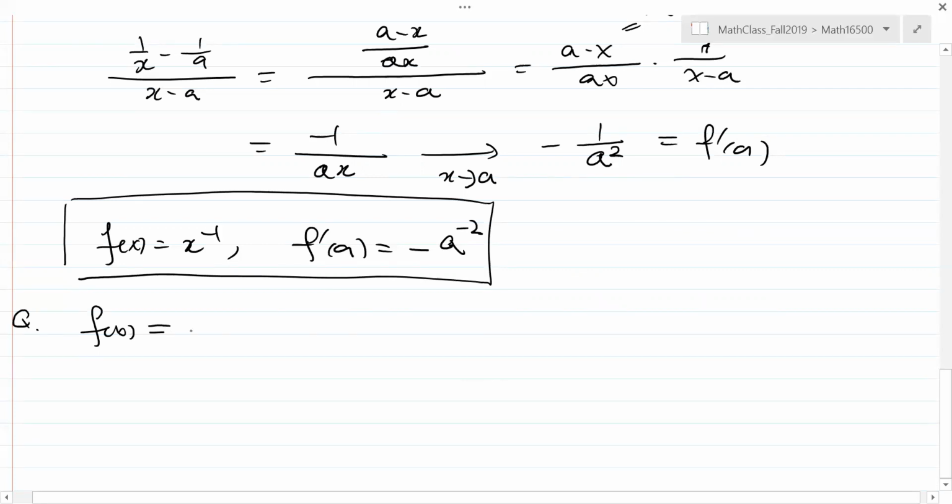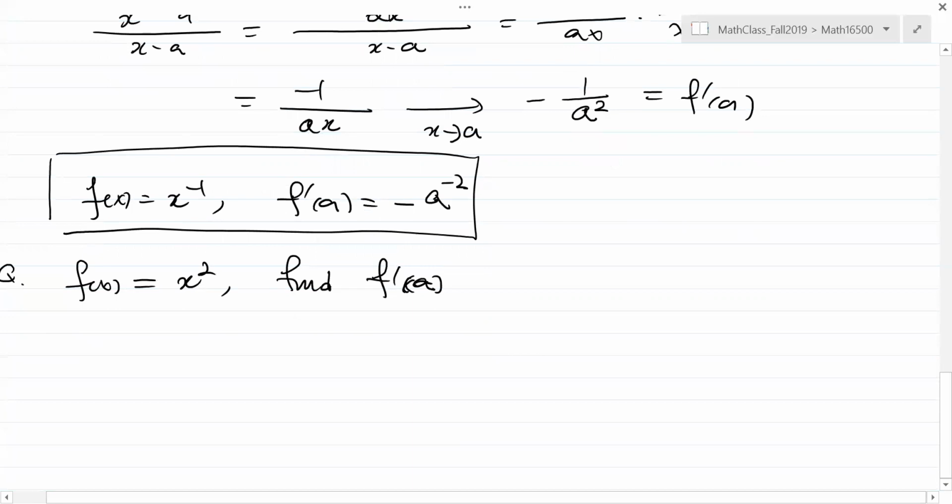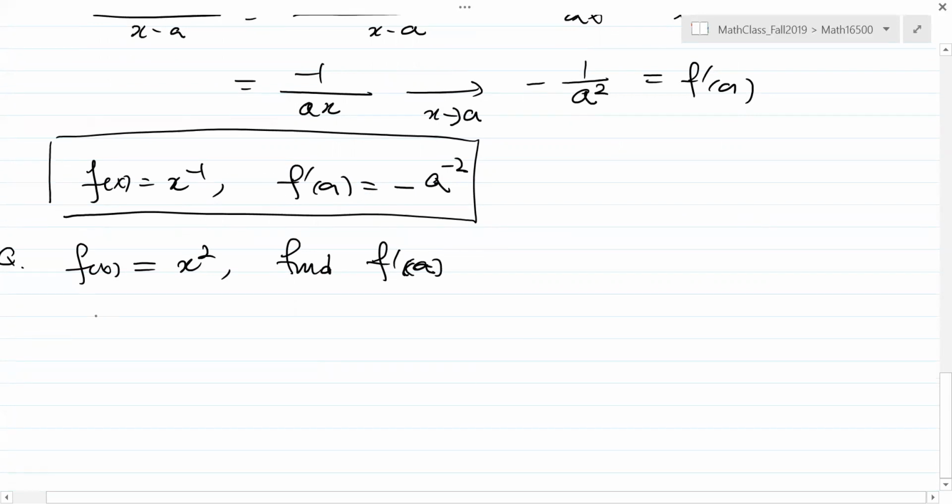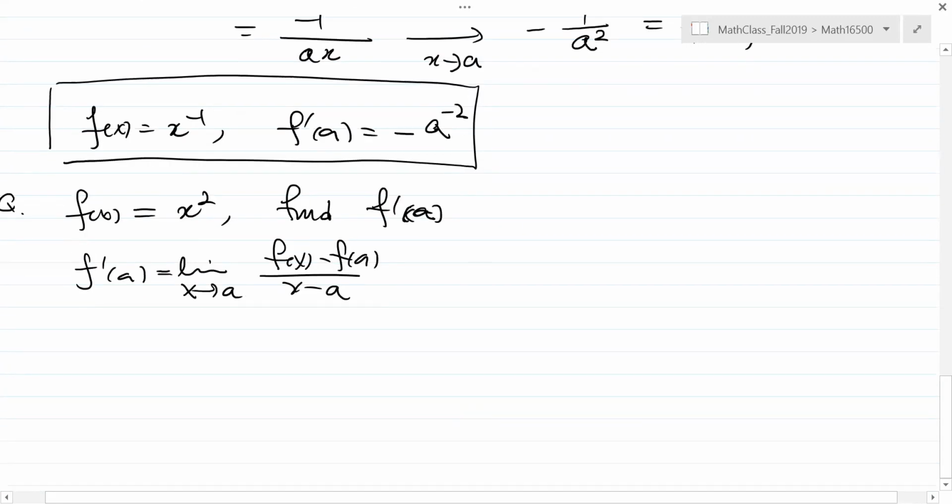You get f of x equals x squared and find f prime a. Okay, let's do it. So how do you get that? This is going to be the limit as x approaches a of f of x minus f of a over x minus a. So let's put in details. It's x squared minus a squared over x minus a. I'm going to find the limit of this expression.